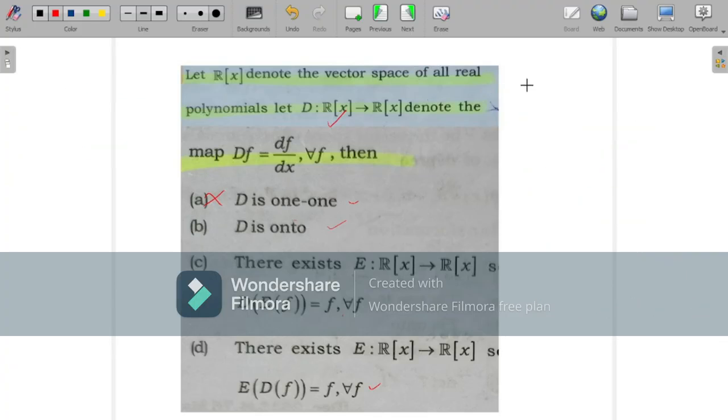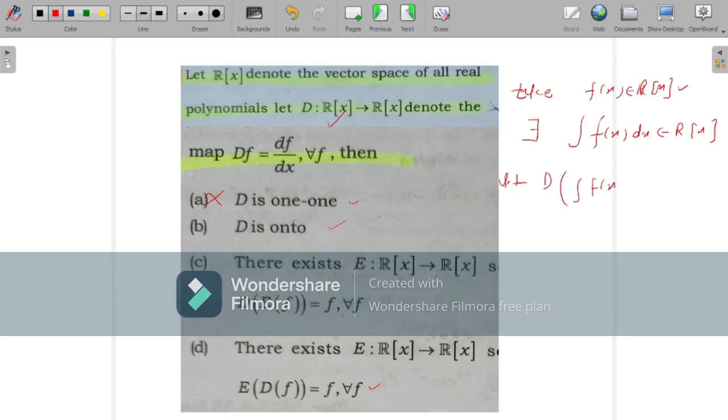So for onto, take any polynomial f of x in R of x. Then there exists a polynomial, the integration of f of x, in R of x such that differentiation of this integration of f of x is equal to f of x.